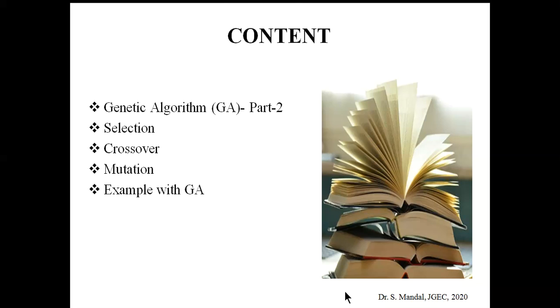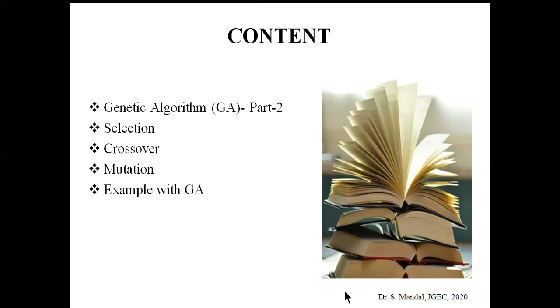During the evolutionary process, the solution or the population gradually moves to the optimal point by using different operators like selection, crossover, mutation.